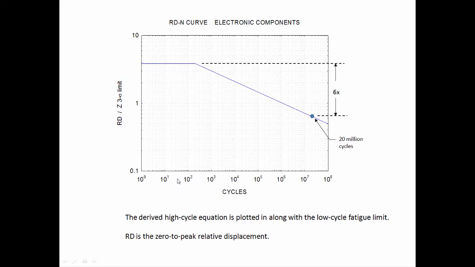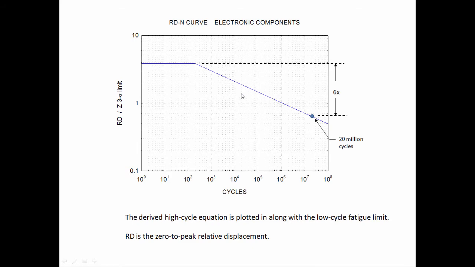Along the x-axis we have the maximum number of cycles allowable at each stress. When I say stress, we're effectively representing stress in terms of relative displacement. Or you could say that these points along this curve represent the maximum allowable stress for a given number of cycles. So I'm using stress and relative displacement interchangeably there.